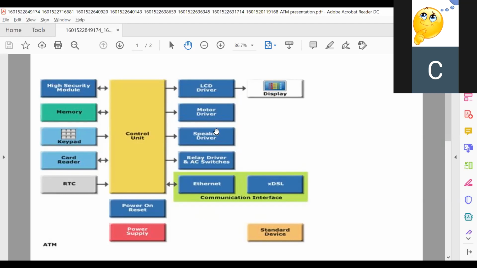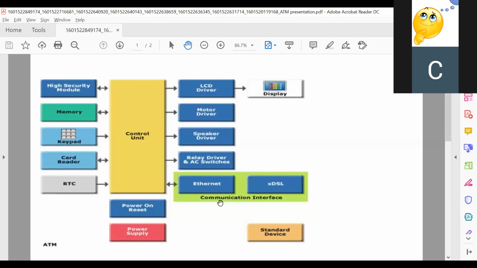Then the display screen: if we enter our PIN number, it automatically tells what to choose, like cash withdrawal and balance inquiry. It shows all the things on the display screen.